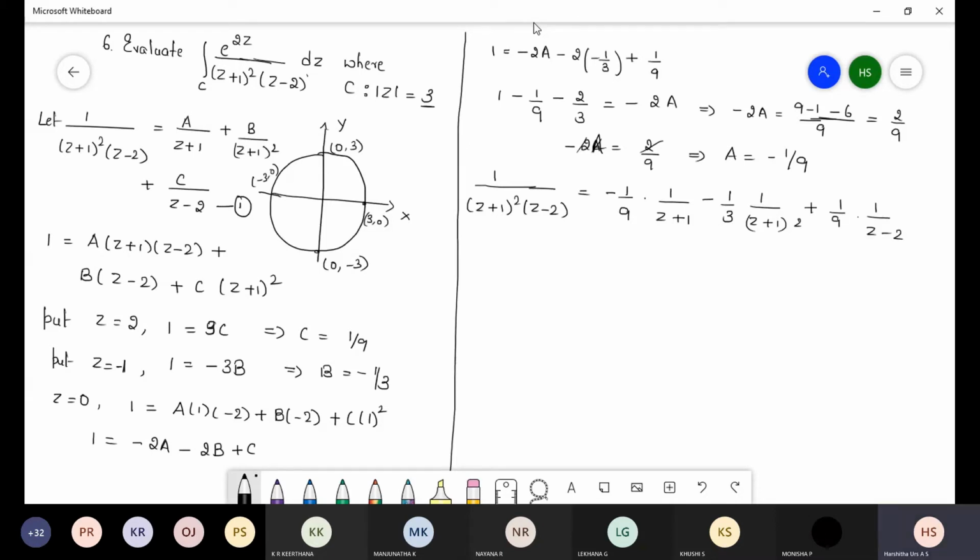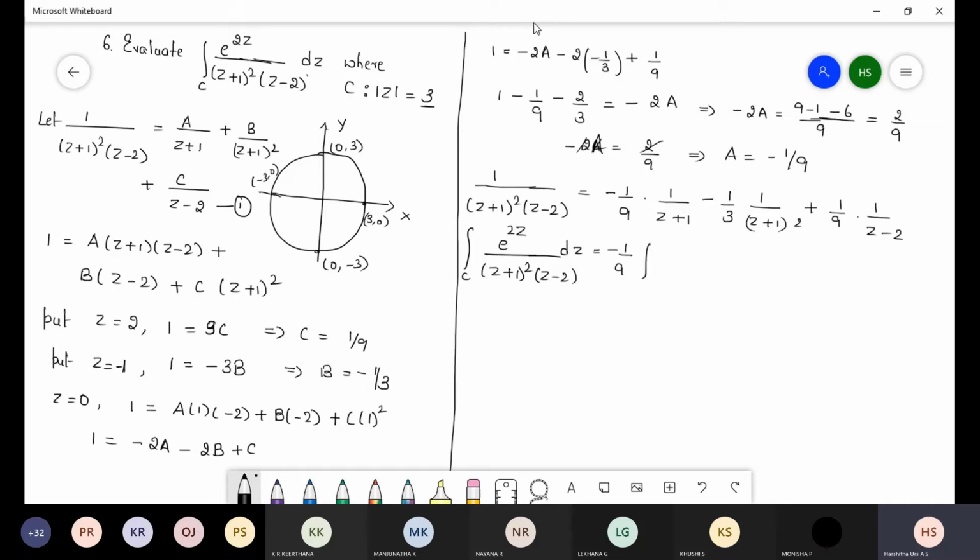Now we have to multiply both sides with e power 2z and apply the integral. So integral over the curve C of e power 2z divided by (z plus 1) whole square into (z minus 2). When applying the integral we write it with respect to z.